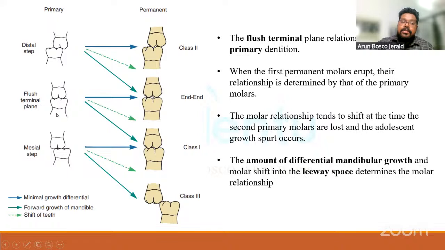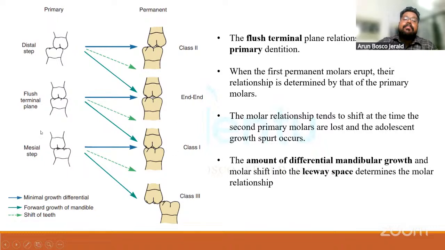So if the deciduous dentition is in a flush terminal plane relationship, the permanent first molars will erupt in an end-on molar relationship. Later, because of the mesial shift from utilization of leeway space and the forward growth of the mandible, it will become a class 1 molar relationship.